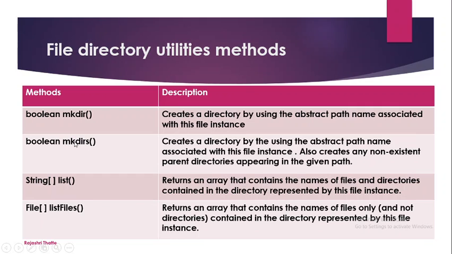If I want to create a directory structure like subdirectories and all, for that I can use mkdirs. There is a little difference between mkdir and mkdirs. Let us see this difference. It creates a directory by using the abstract path name associated with the file instance, and also creates any non-existent parent directories appearing in the given path.